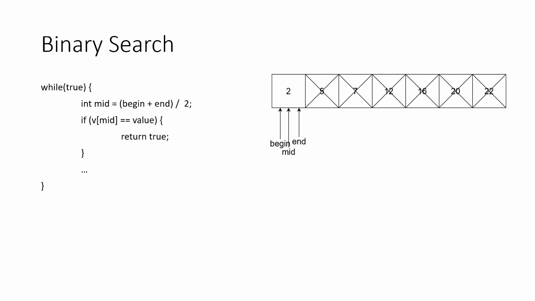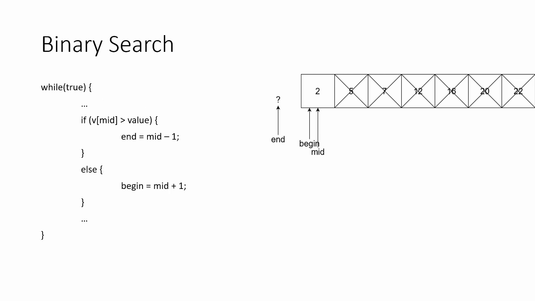Begin, mid, and end are all pointing to the same value. Then we check if v of mid is equal to our value. Unfortunately, 2 is not equal to 1. So we update end, which is pointing into some weird place, some place before 2. The first element of a vector, it might be pointing to some 0 data or junk data, or maybe another data structure.